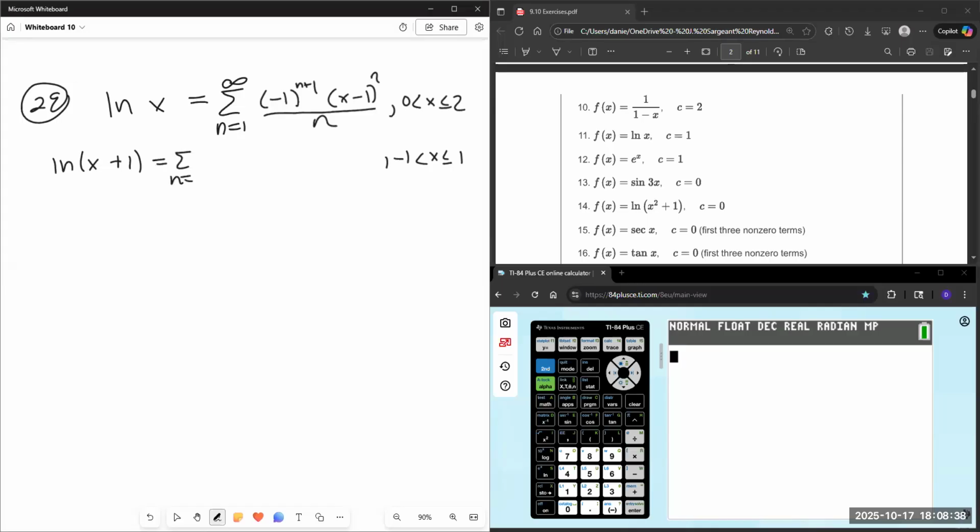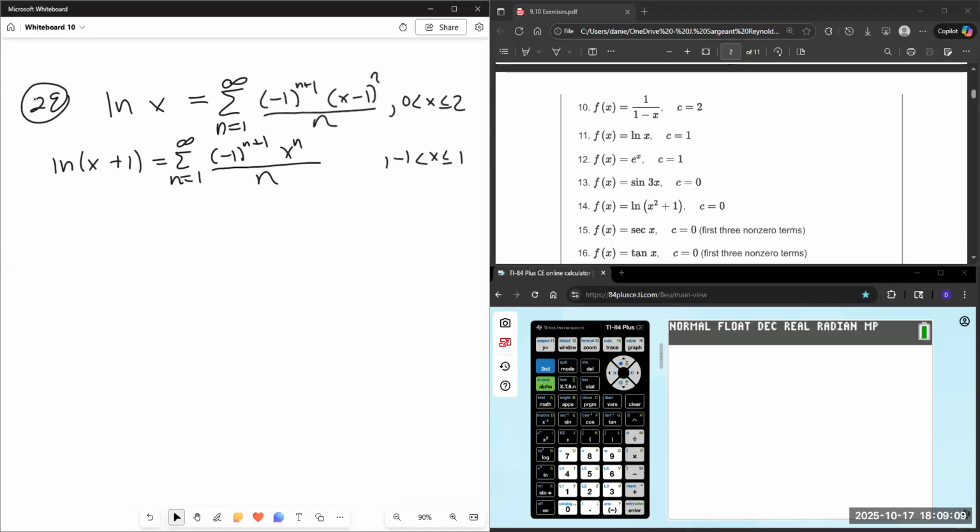And that's going to change nothing in here other than this value here, -1 to the n plus 1, and then substitute for x plus 1 minus 1 is going to be x to the n over n, and that's going to be my final answer.